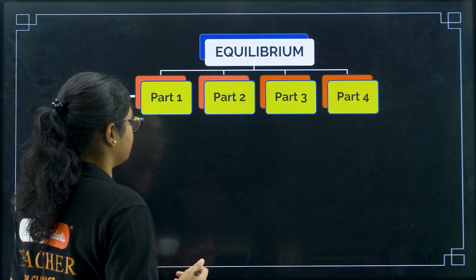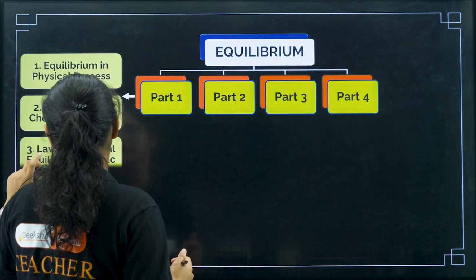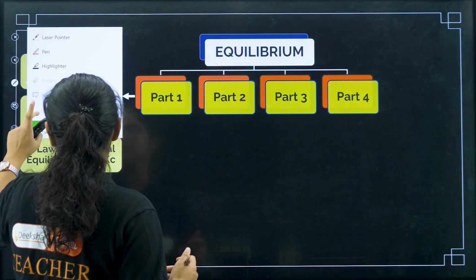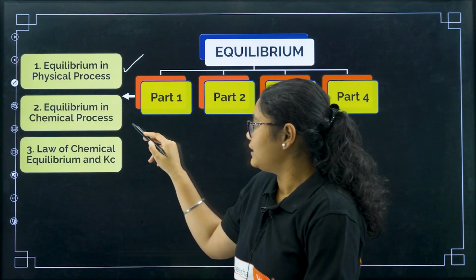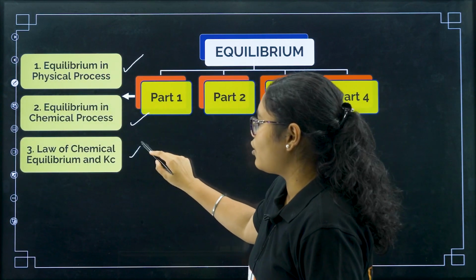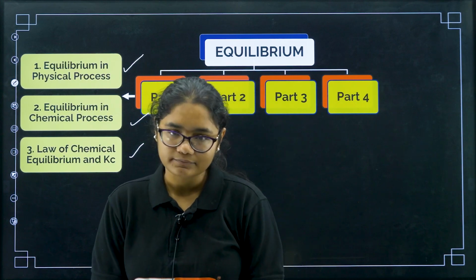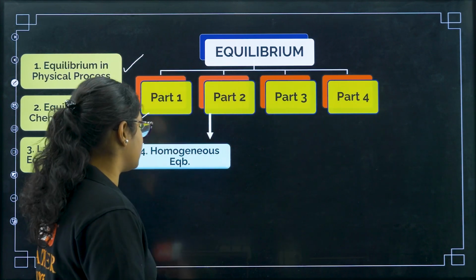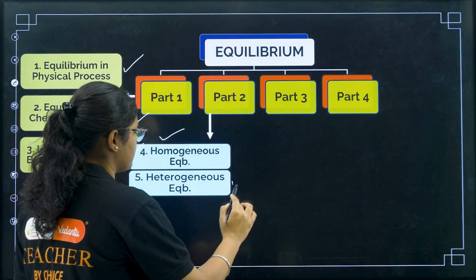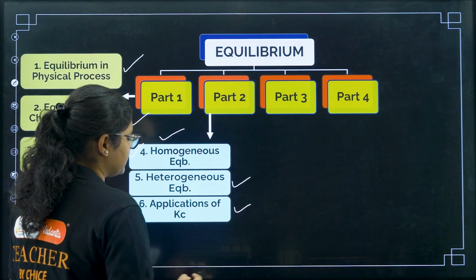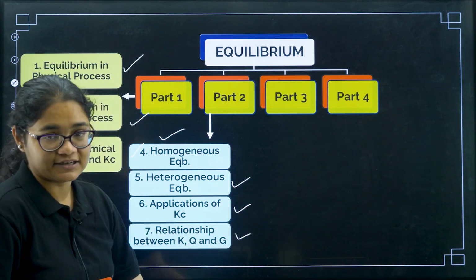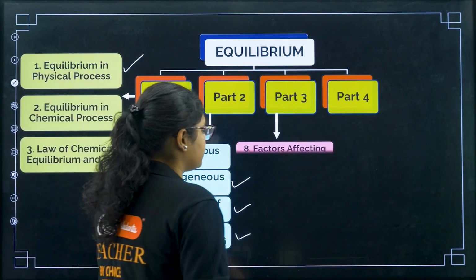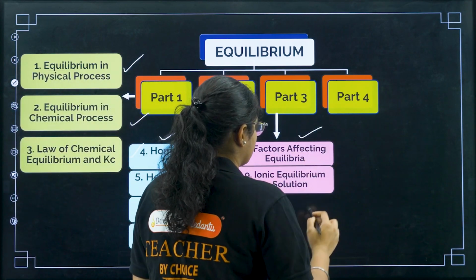First, we will be doing this chapter in 4 parts. In today's class, that is part 1, we are going to discuss equilibrium in physical process, equilibrium in chemical process and law of chemical equilibrium. In the second lecture, we are going to discuss homogeneous equilibrium, heterogeneous equilibrium, applications of Kc and the relationship between K, Q and G. Next, in part 3, we will be discussing factors affecting equilibria.